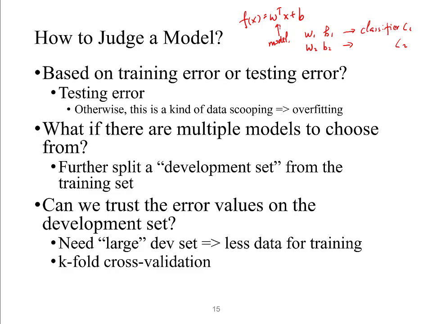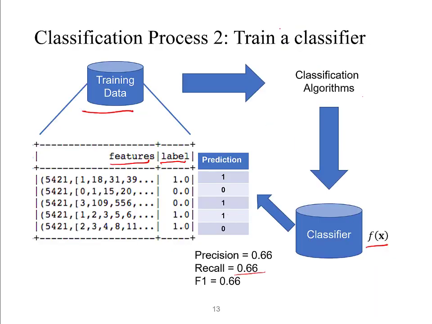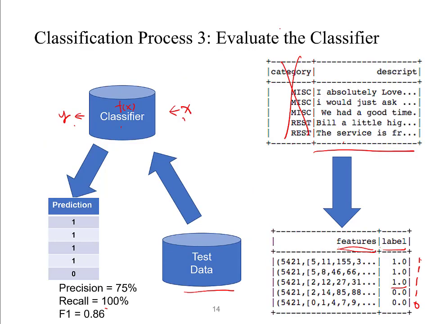Classifiers can be trained through process 2 here, but the model is chosen before that. And once you choose the model, you can't change it. All you can do is fit in the training data, and it will generate the classifier.